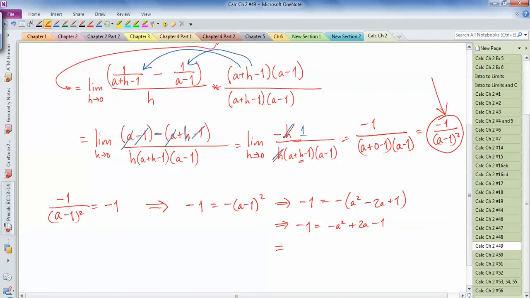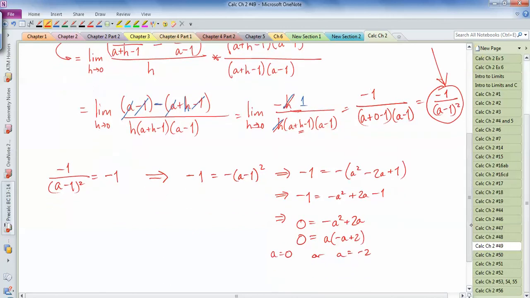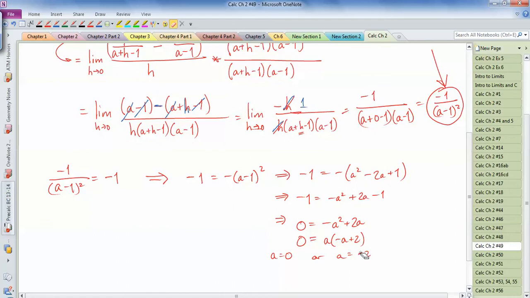If I add 1 to both sides, I get 0 equals negative a squared plus 2a. If I factor that, I get 0 equals a times parentheses negative a plus 2. And so then a is 0, or a is negative 2. No, sorry, positive 2. A is just 2.